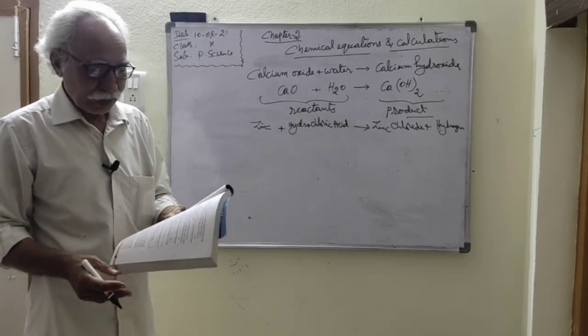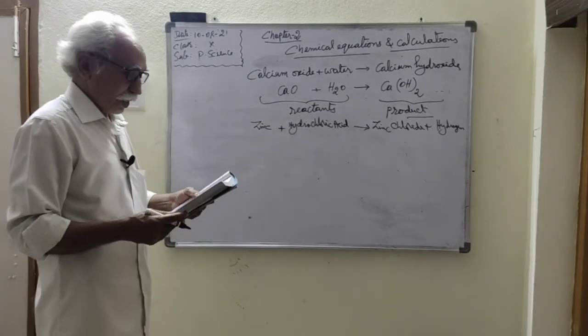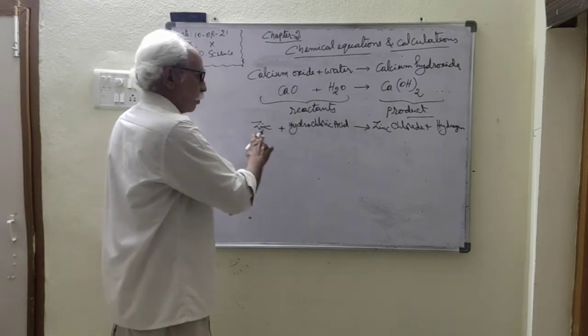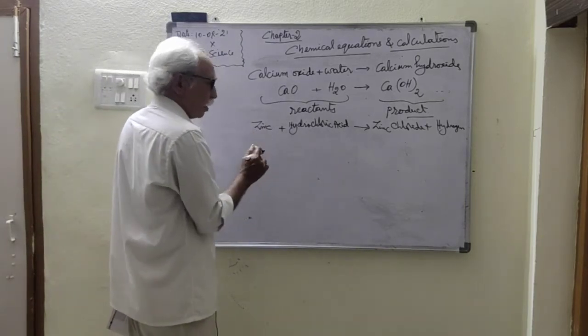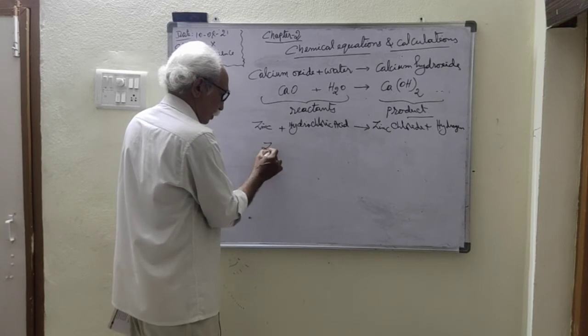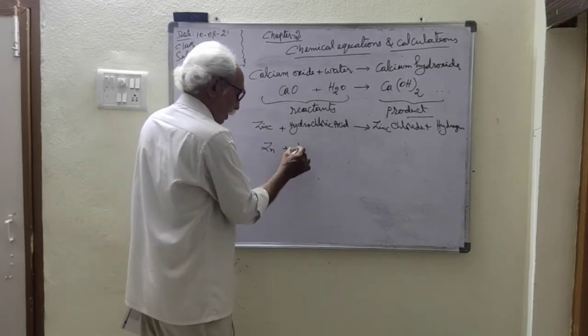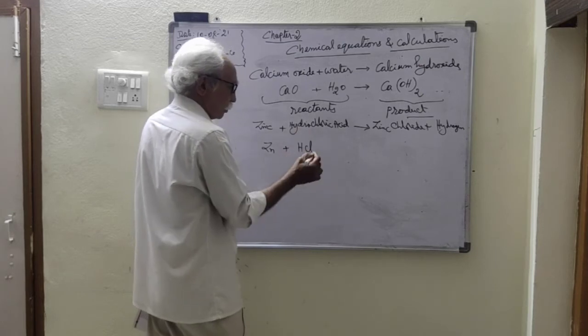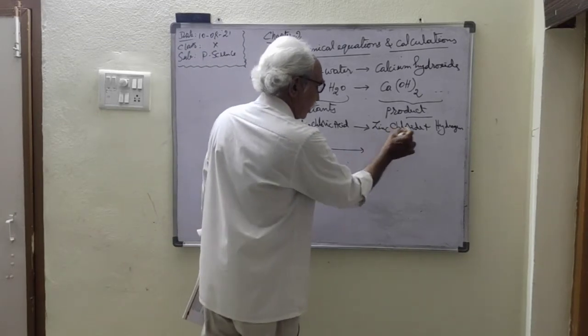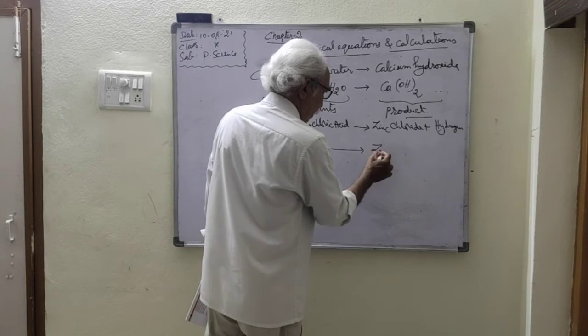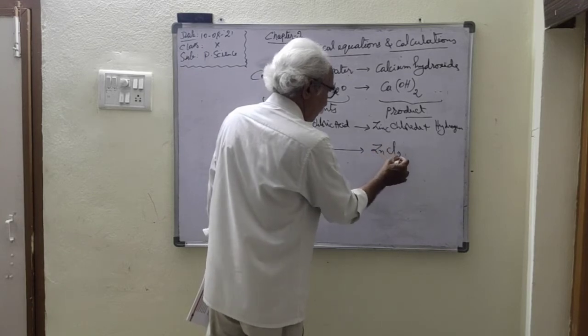So instead of writing the names, we write the symbols and formulas of the compounds. Here zinc is the element, you write the symbol Zn. Hydrochloric acid is a compound, you write the formula of the compound. Zinc chloride is a compound, the formula is ZnCl2.